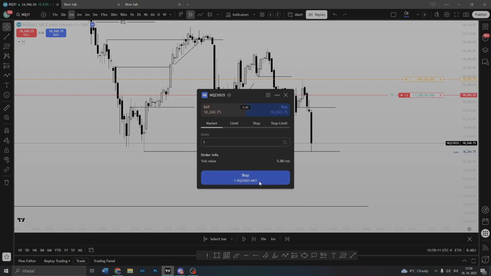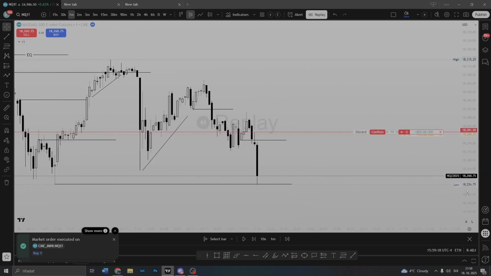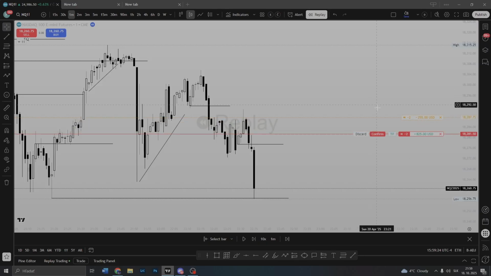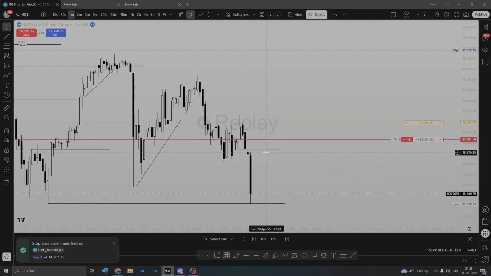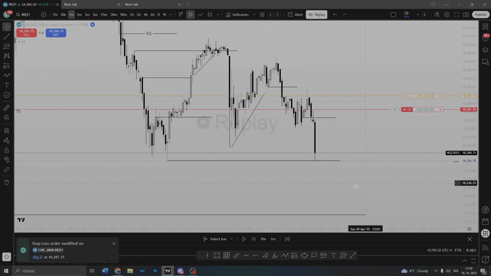We need to buy one, so we'll buy, and we'll put our stop loss at break even. To be honest, the best placement for stop loss in this scenario is the candle high, so I will leave it there. Because after this big candle, we can go higher and take it off, but yeah, I'll leave it here for a moment.